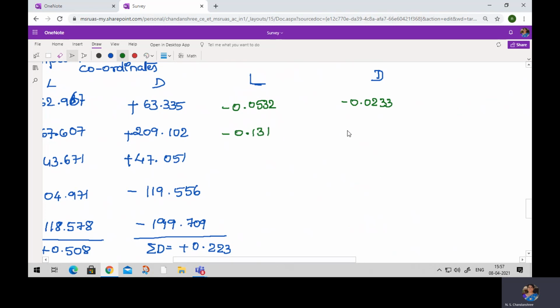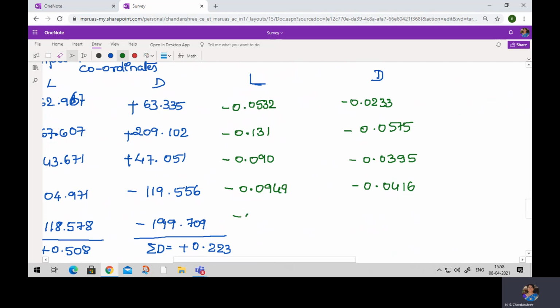For the next line, it is minus 0.0575. Next is minus 0.090, and here minus 0.0395. Next line is minus 0.0949, and this is minus 0.0416.